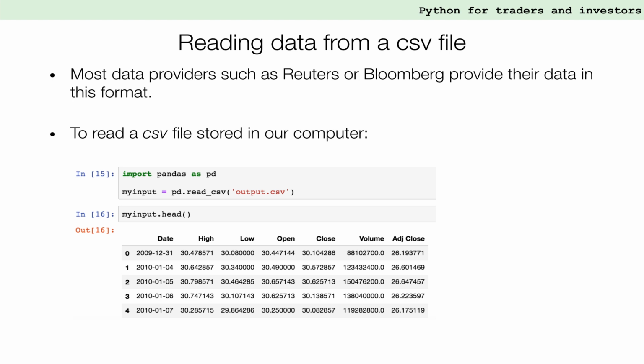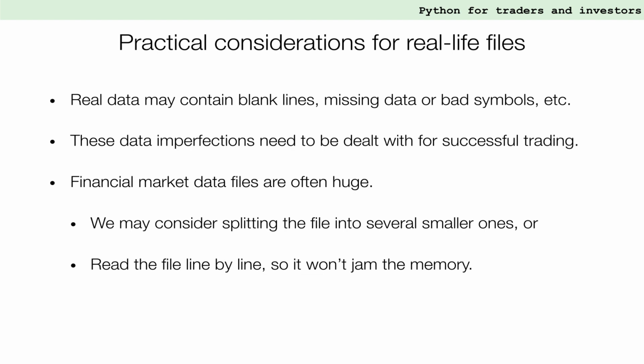We should always check our data frame produced from the CSV file, as errors can sometimes occur due to inconsistent formatting. Here are some of the practicalities one should consider when converting CSV files. First, data frequently contain blank lines, missing data or bad symbols, etc. And such imperfections need to be dealt with in order to produce successful quantitative analysis.